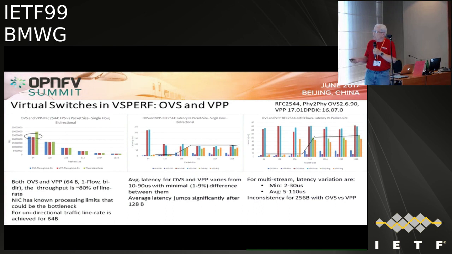And what we see is that there's an inconsistency here for the 256 byte measurement. We saw the VPP average go way up while the OVS average stayed really low. And this is worth chasing down. This may be due to the specific sizes of the packets that were in use and some sort of processing time there.